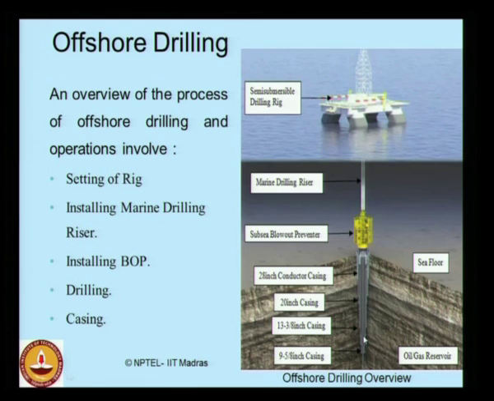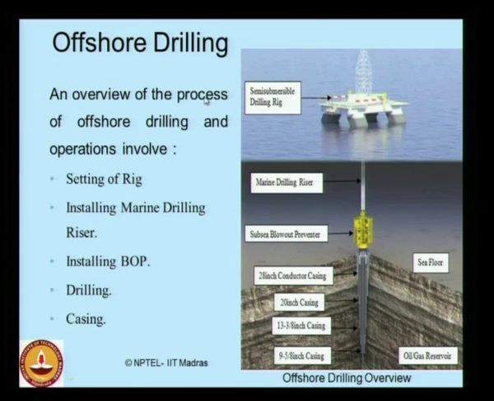Inside the sea floor, I have different kinds of casing for drilling. This is a 28-inch casing, followed by a 20-inch casing, followed by a 13 3/8-inch casing, followed by a 9 5/8-inch casing. This is where I find my oil and gas reservoir from which I am actually drilling.